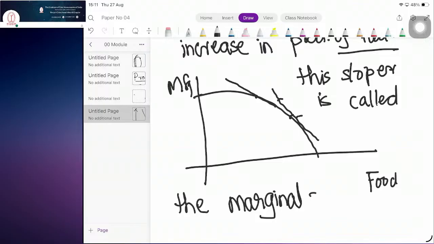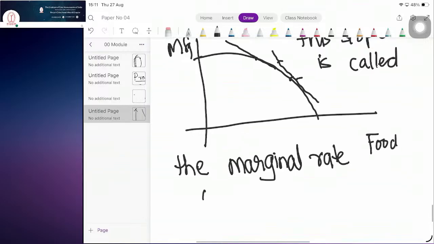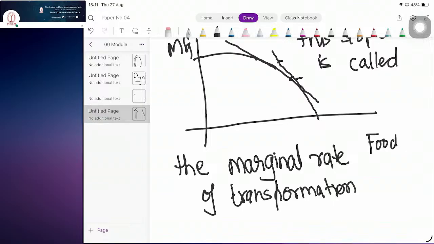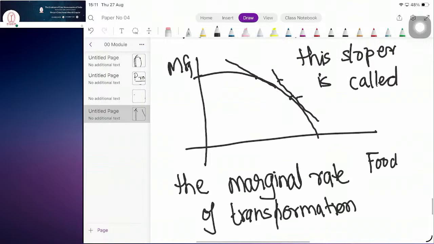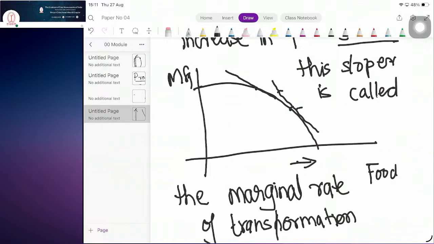It gives you how many units of manufactured good you have to give up to get one more unit of food.